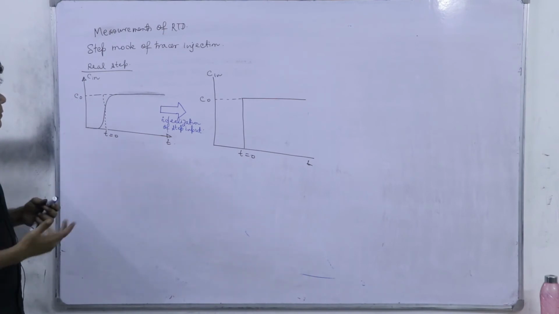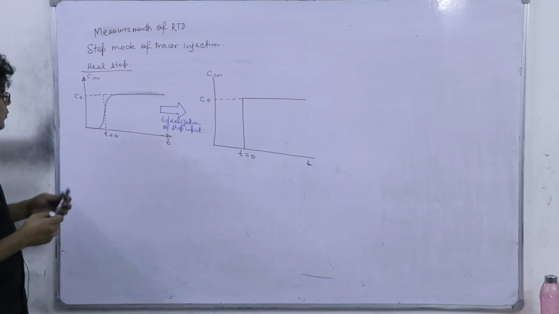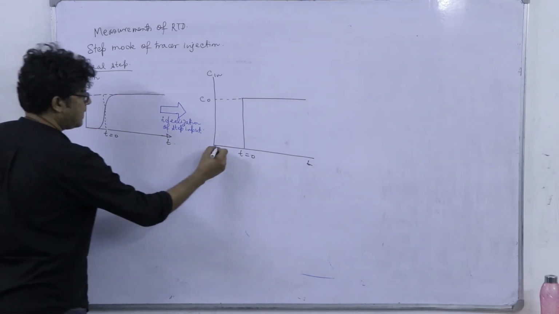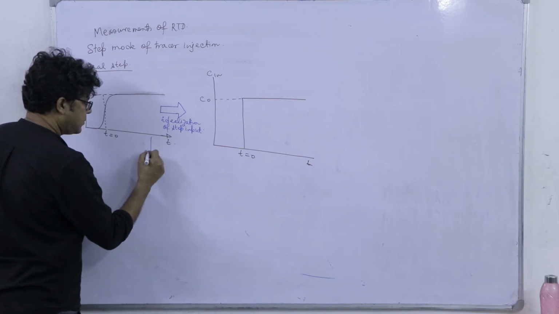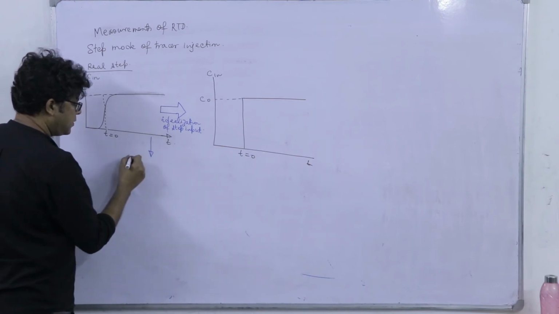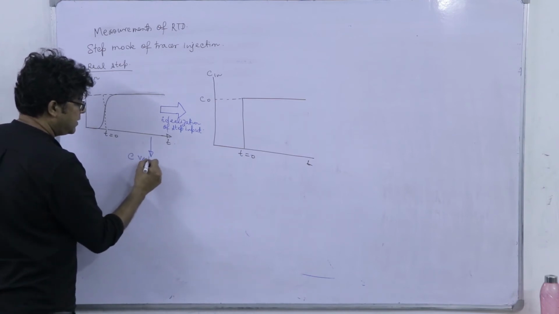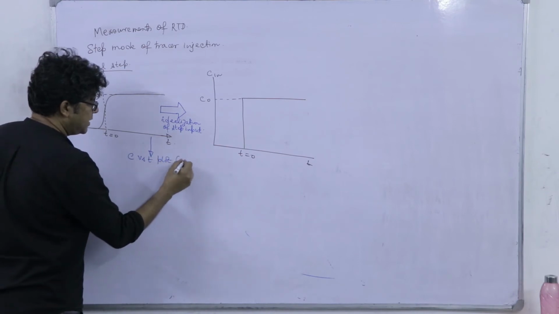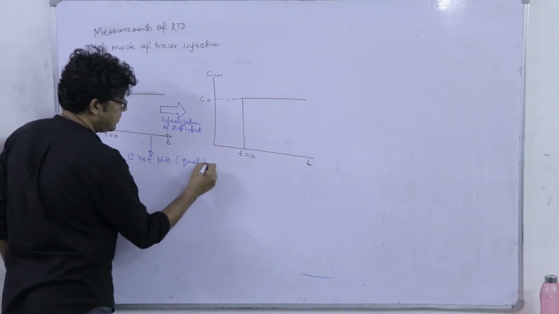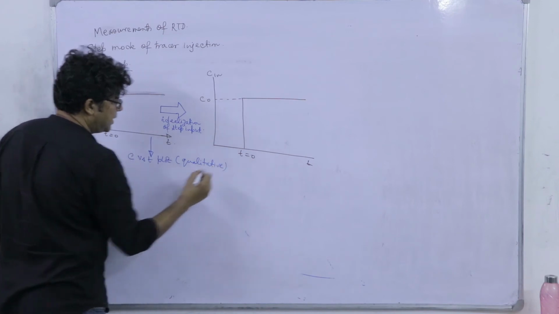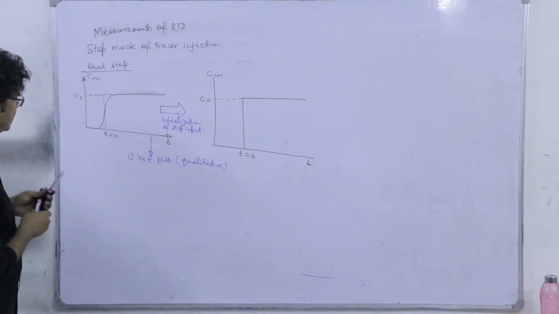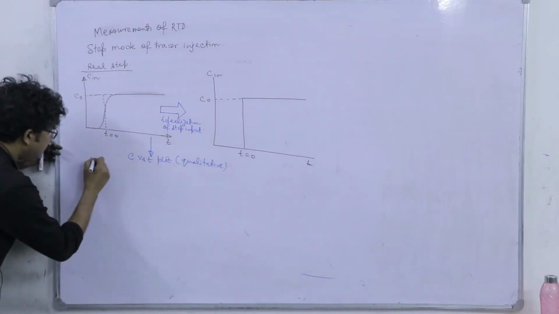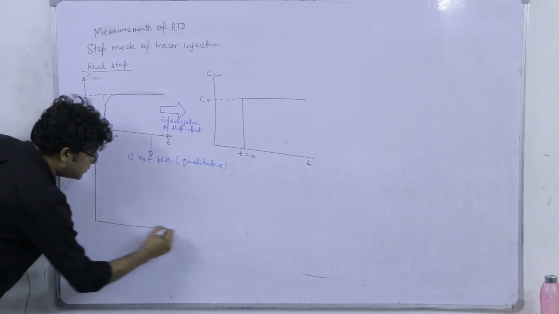Now, what will be the tentative output? A qualitative C versus t plot. What is the qualitative C versus t plot? Let us check. So, C versus t.